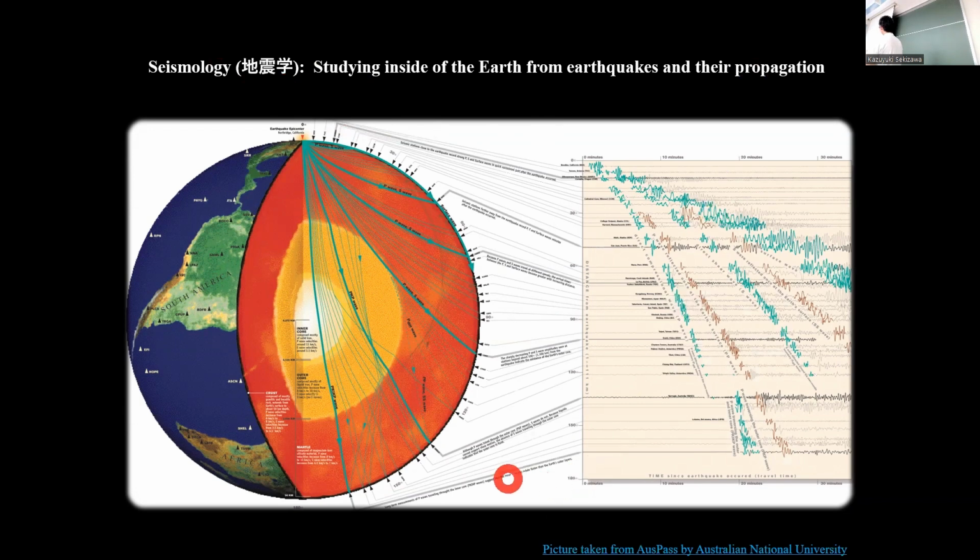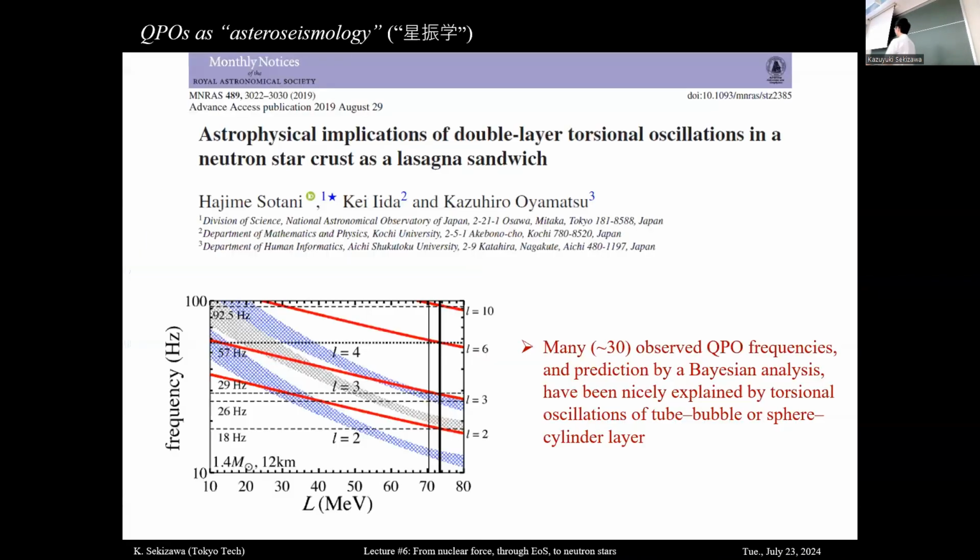So we cannot go inside the Earth, okay? But by analyzing the propagation pattern of earthquakes, I don't know the details, but one can study what is inside the Earth. So this is seismology. We can consider a similar thing for the neutron star. So using QPO, quasi-periodic oscillation, we can consider a kind of asteroseismology.